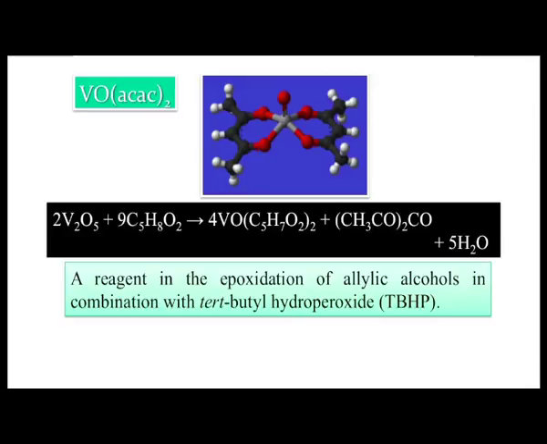So, vanadium is a very good catalytic site in terms of the metal ion, and we can exploit that reactivity of the vanadium center by binding it to a bidentate ligand, not like ethylenediamine but the acetylacetone ligand, and you go down to another oxidation state, which is the tetravalent oxidation state.